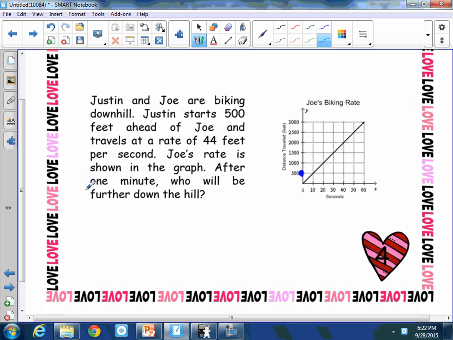All right. So the equation for Justin would be, he starts 500 feet ahead. Joe starts at 0, so that would be 500. And then he travels at a rate of 44 feet per second. Now we got to figure out Joe's.